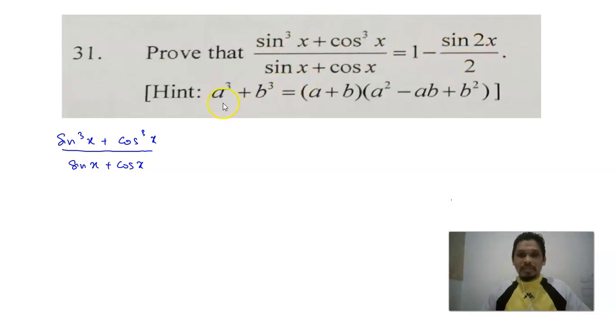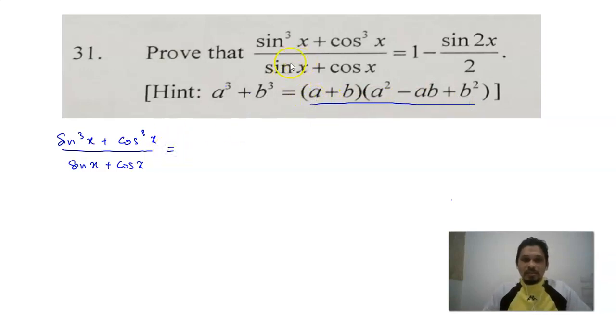It gives a hint here, because a cube plus b cube is an expression that we seldom meet. Most of the time we meet a squared plus b squared. But for this one, it gives you a hint. So let's use this.